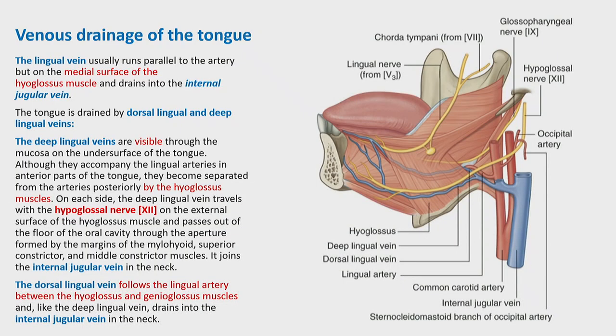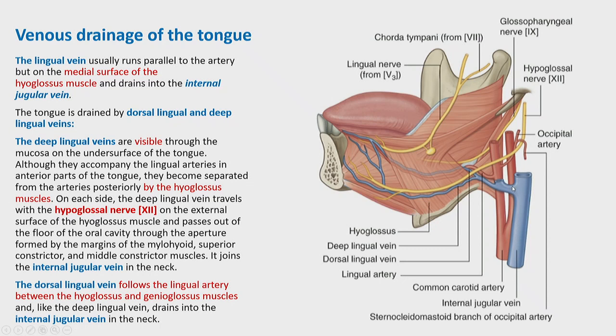The venous drainage, more or less, has the same names that you have for the arteries, but a little bit is different. Of course, we had the lingual artery and we have the lingual vein. This lingual vein is draining to the main vein of the neck region, which is called the internal jugular vein.